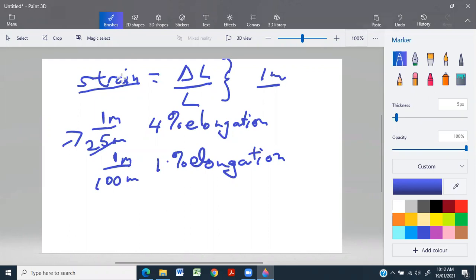The same way with stress, right? We can't just go about using the 4-Newton force, because a 4-Newton force on a big bar is different from a 4-Newton force on a smaller bar. So the way we quantify those forces with relation to the material, to the bar or the length of wire, is by defining them in terms of stress and strain, right?